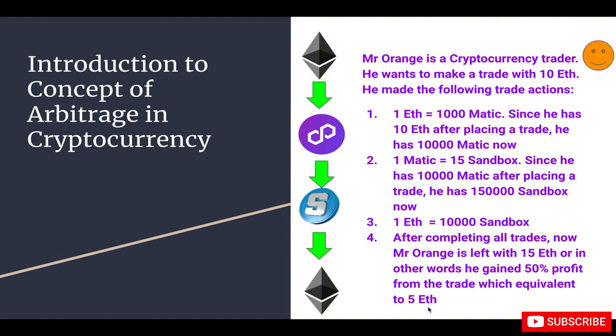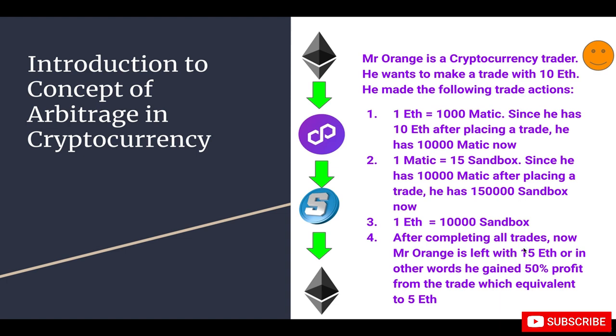I totally get it. If you get really confused, let me explain step by step. If this is the conversion rate here, one Ethereum is equivalent to 10,000 Sandbox, all you need to do is divide. His previous asset was 150,000 Sandbox, right? You divide it by this conversion rate. Since one Ethereum is equal to 10,000 Sandbox, just divide 150,000 by 10,000, then you got 15, right?